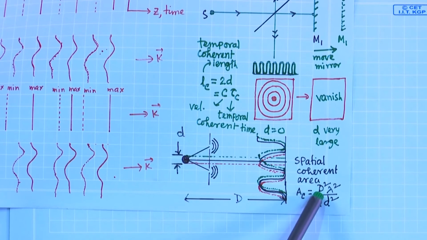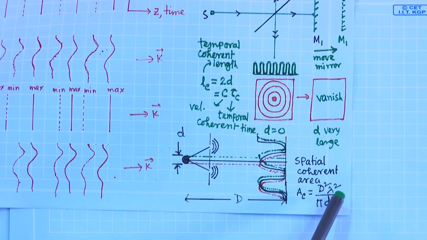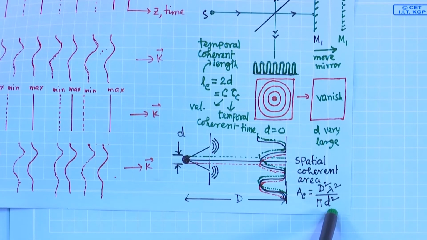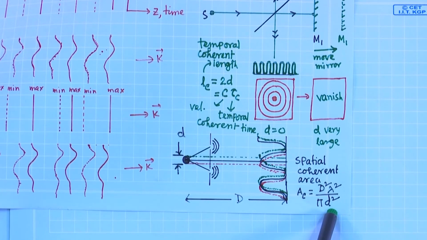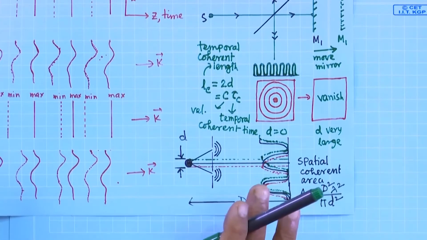So a higher screen distance is better, a higher wavelength is also better for spatial coherence, and a smaller source size is better. That means whatever coherence we are talking about, we have to be careful that it has to be spatially coherent as well as temporally coherent. Both conditions have to be satisfied.